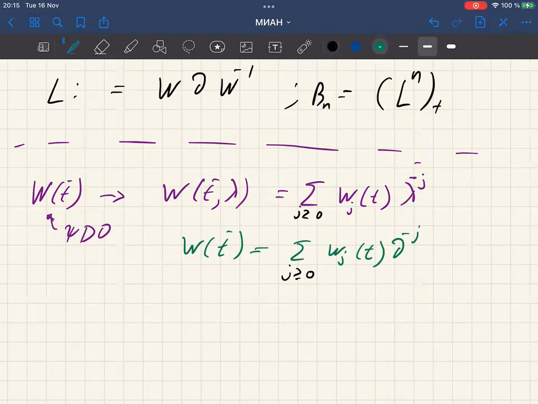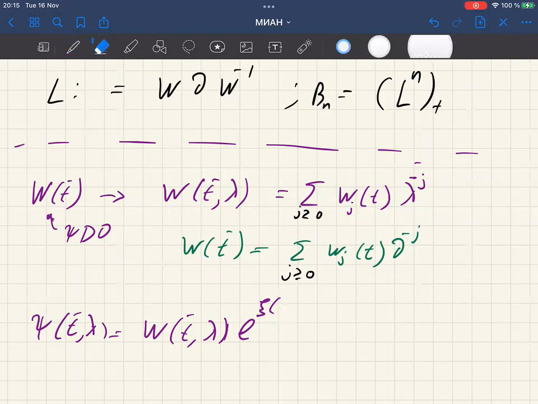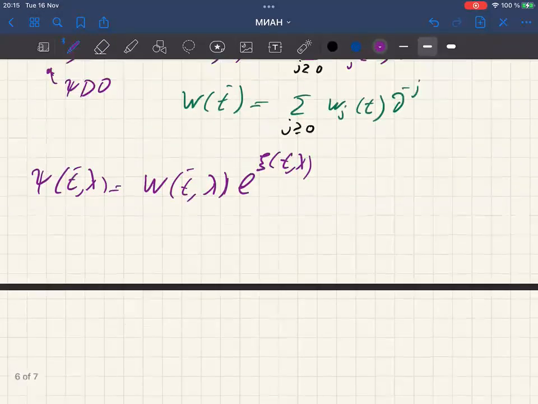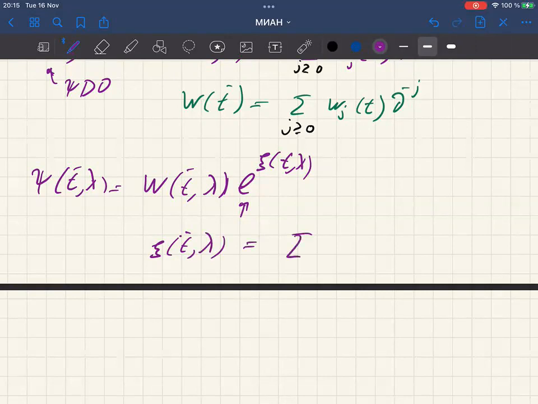And we will define this psi of t lambda equals W of t lambda times xi of t lambda, where xi of t lambda is the infinite series of t_n lambda^n, n from 1 to infinity.